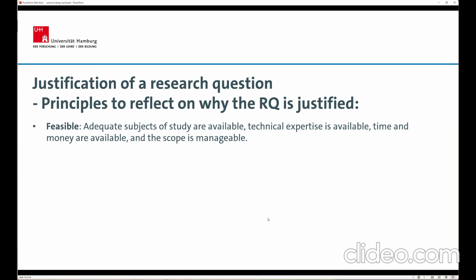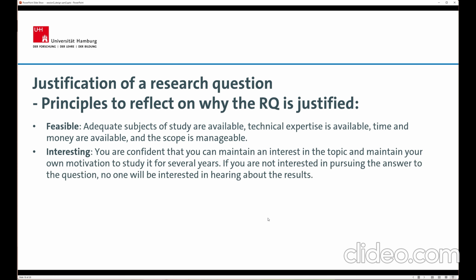You have time and money available when needed, and overall the scope is manageable within the constraints that are presented to you, for example, during your bachelor thesis, master thesis, your research degree, or even later on. Nothing is gained by not being able to answer a research question. It doesn't matter how important it is.